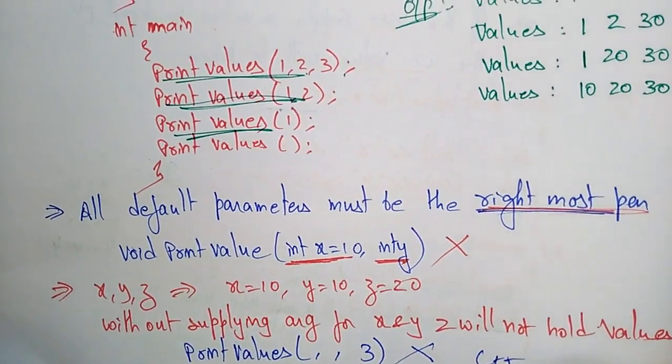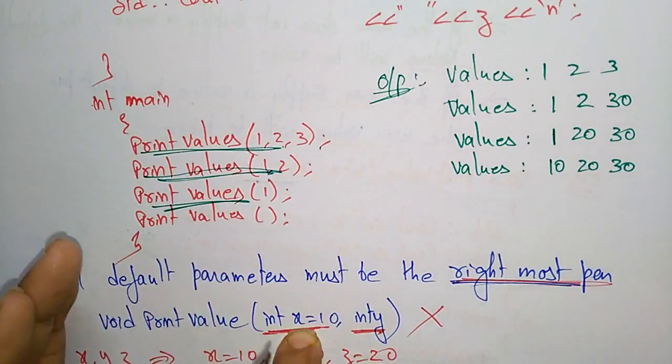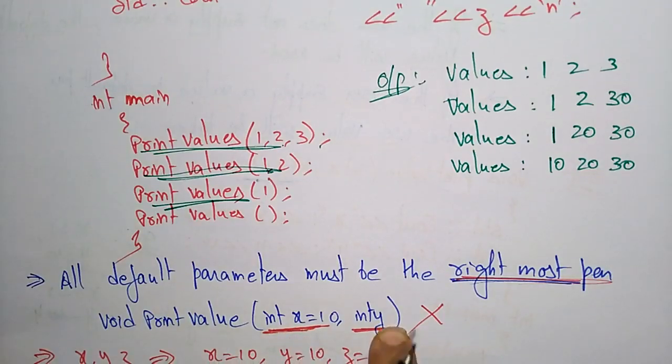If more than one default parameter exists, the leftmost default parameter should be the one most likely to be explicitly set by the user. So the leftmost parameter will be given explicitly. The user has to give this parameter. The rightmost will take the default values.